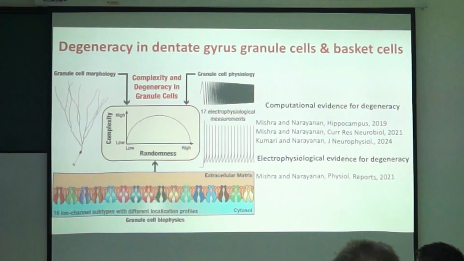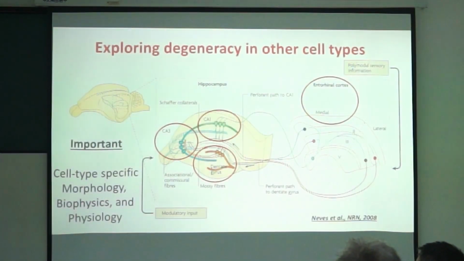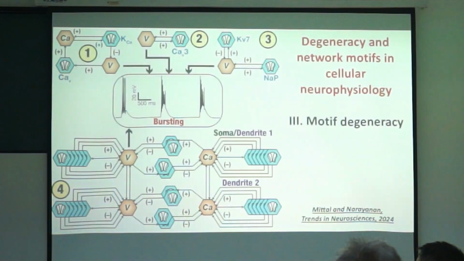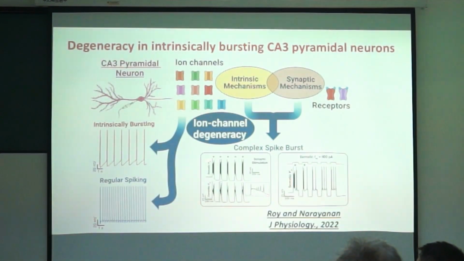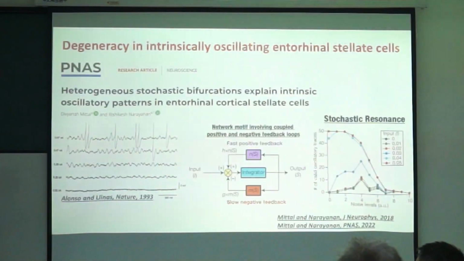If it were random combinations of ion channels giving you this, then all the models should be valid. That also goes out over here because only 1% of the models are valid. So therefore it falls somewhere in the middle, where there are several different combinations that can give you the same functional outcome. Right? So this is in bursting neurons in the CA3.